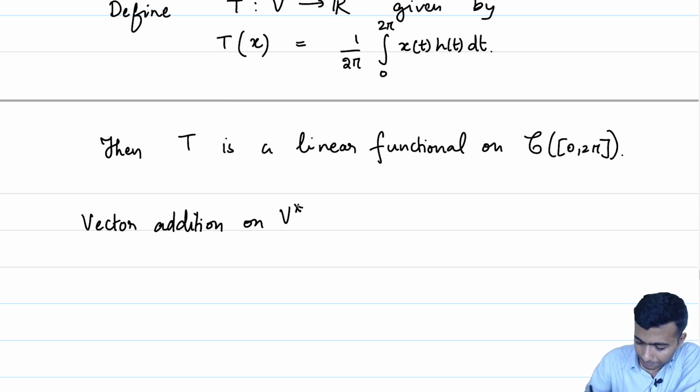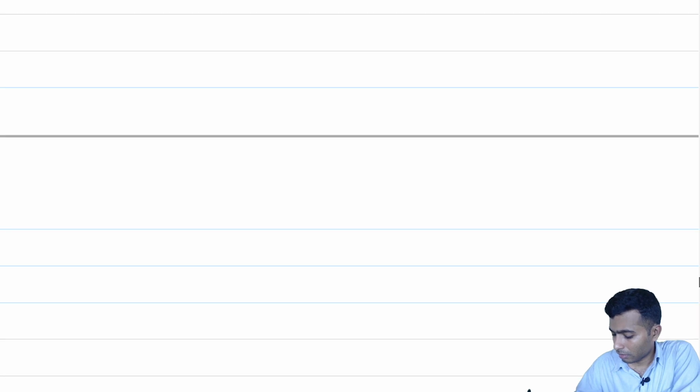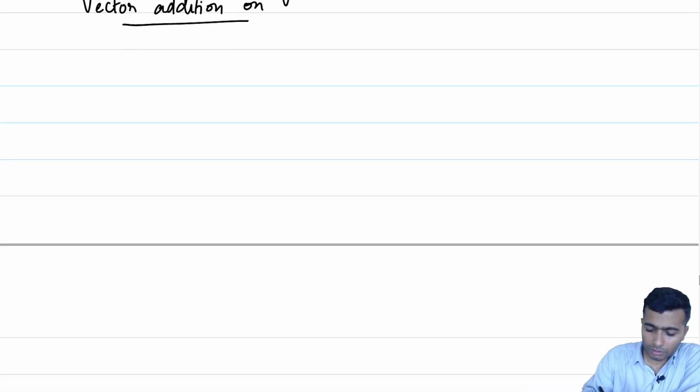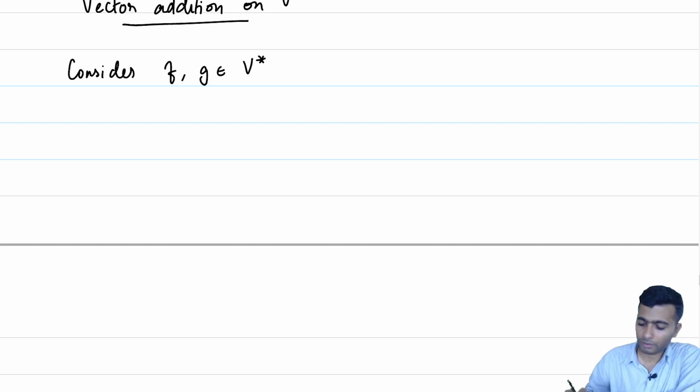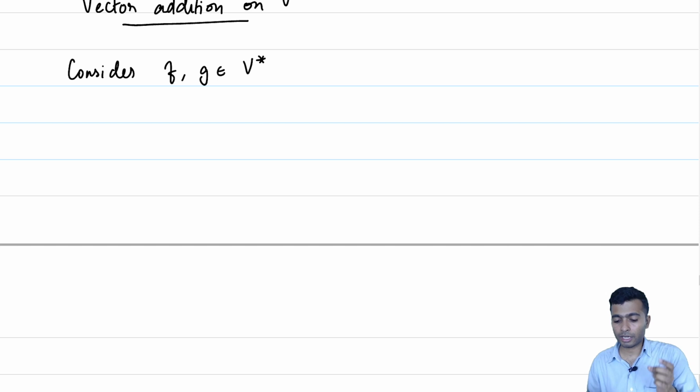On V star, so consider f and g belonging to V star. Then f and g are linear transformations from V into R, and we have already defined what it means to say f plus g.